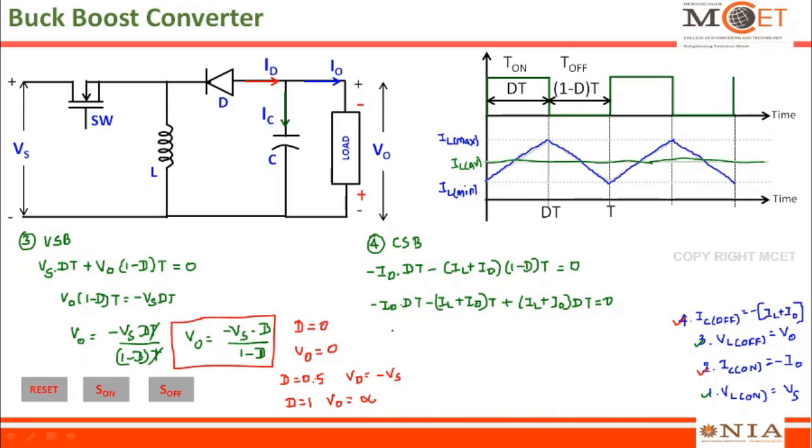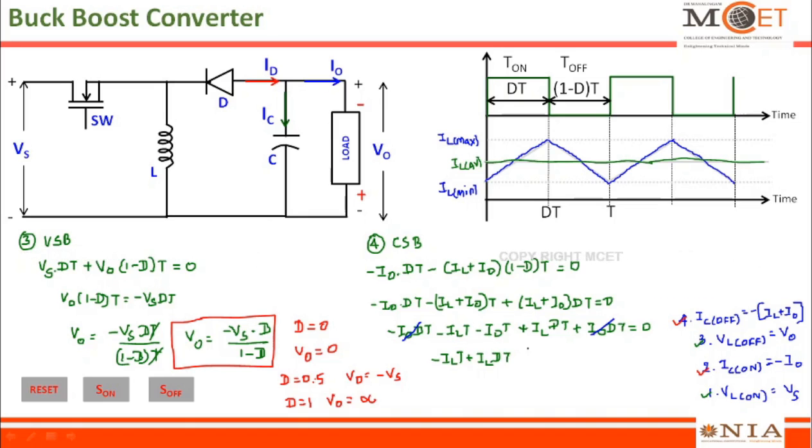Further, this becomes minus I0 into DT, minus IL into T, minus I0 into T, plus IL into DT, plus I0 into DT is equal to 0. So minus I0 into DT and plus I0 into DT will cancel each other. Finally we are left with minus IL into T plus IL into DT.